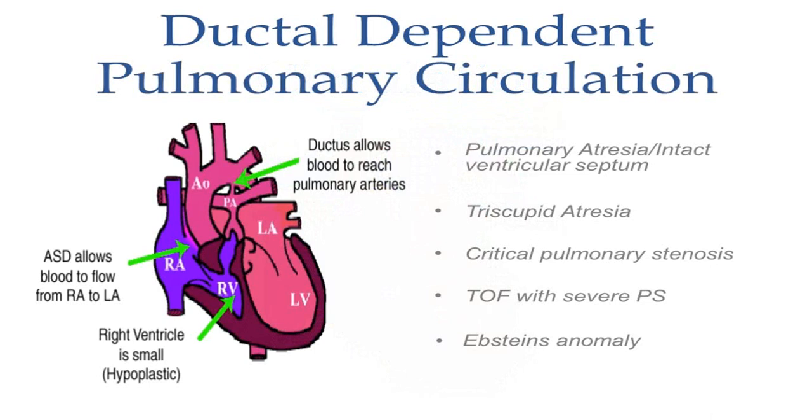Duct dependent circulation, that is mainly for pulmonary, is in case of pulmonary atresia with intact ventricular septum, tricuspid atresia, critical pulmonary stenosis, tetralogy of Fallot with severe pulmonary stenosis, Epstein anomaly.